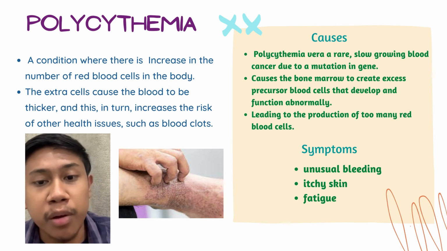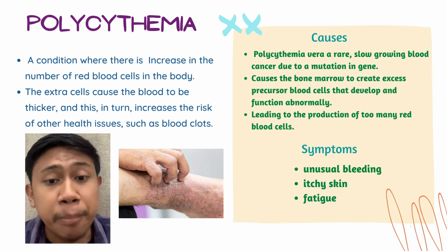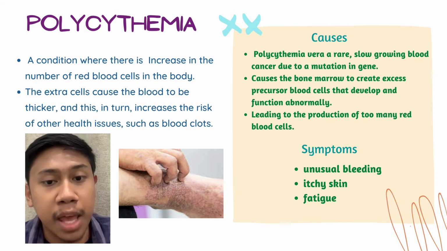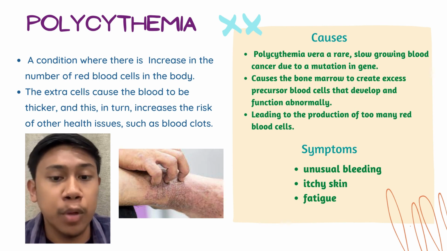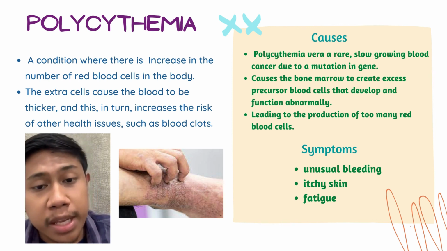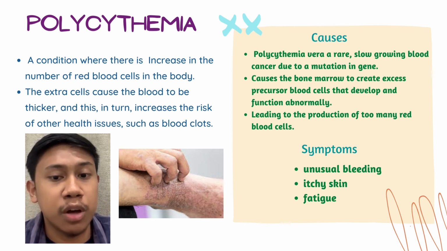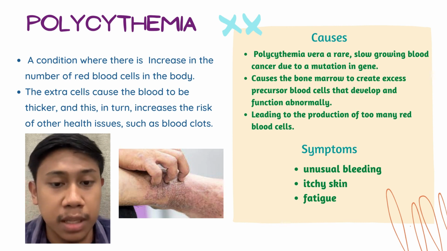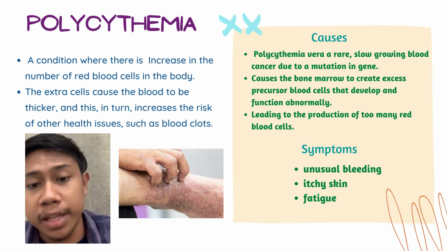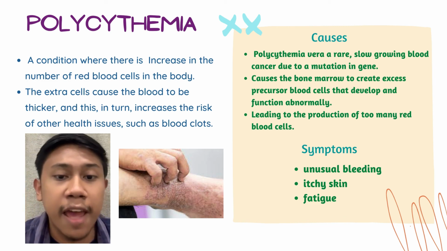It causes the bone marrow to create excess precursor blood cells that develop and function abnormally. It will lead to the production of too many red blood cells. The symptoms are unusual bleeding, itchy skin, and fatigue.